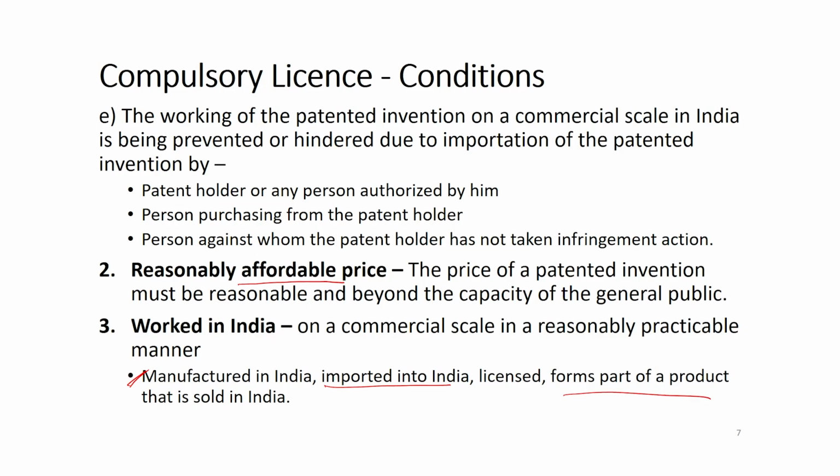Now, if you refer to Form number 27, which is a format in which every patent holder has to furnish a statement of working of the patent, there are 2 columns. What is the extent of working of the patent by local manufacturing? What is the extent of local working by importation?